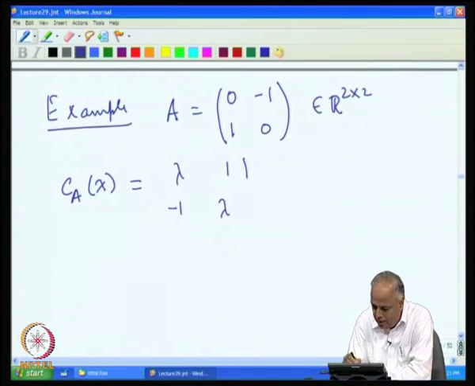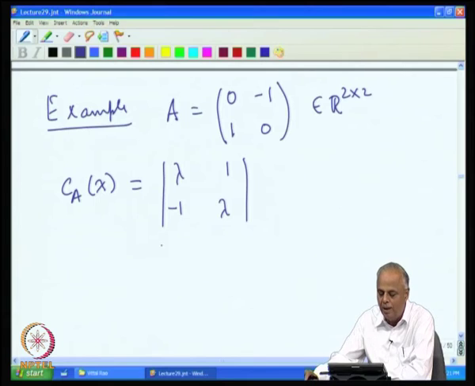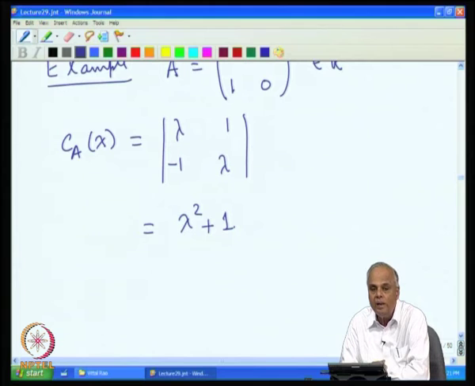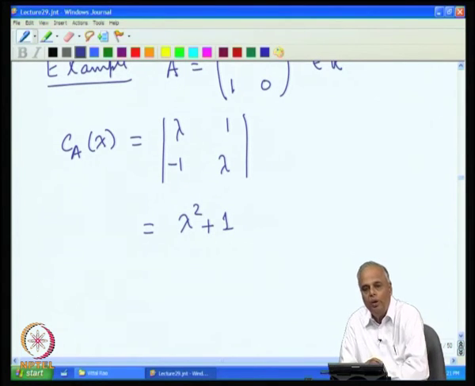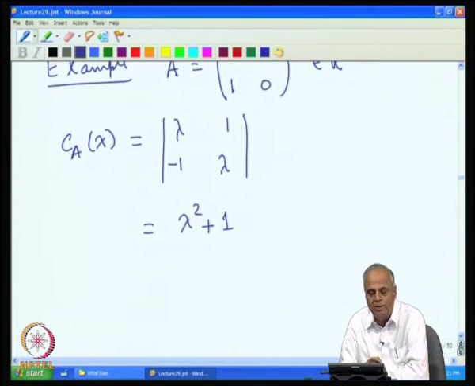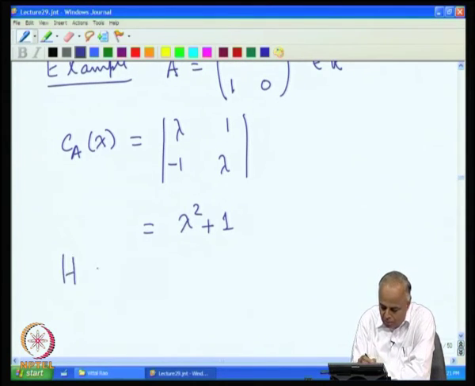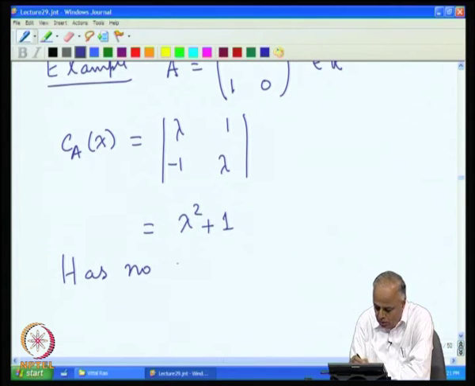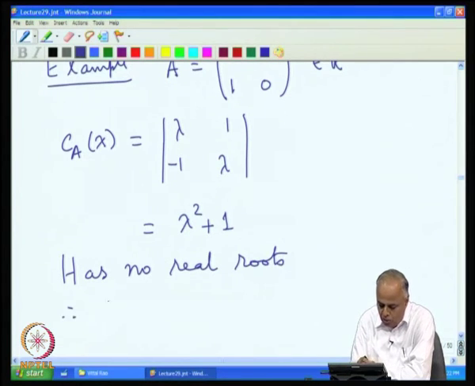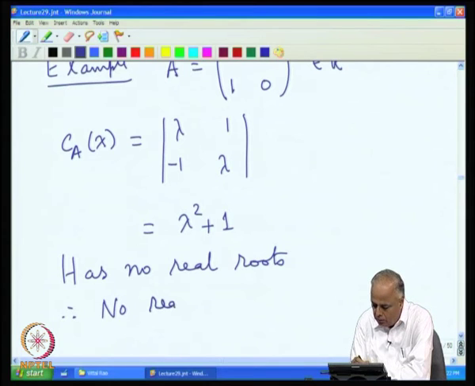When you expand this you get lambda squared plus 1. Now, what are the eigenvalues? If you are working in R, we are looking for real roots of C A lambda, but lambda squared plus 1 equal to 0 has no real roots. Therefore, no real eigenvalues.